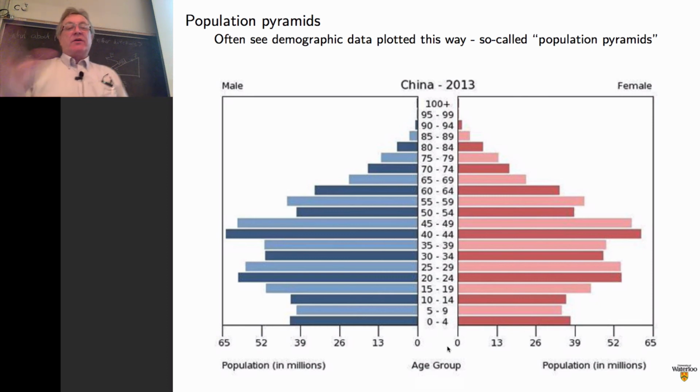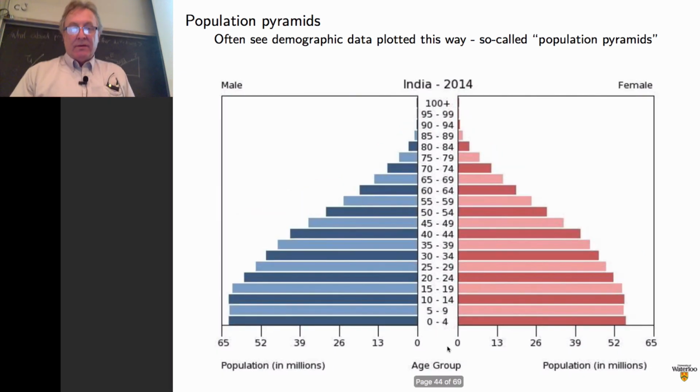So you can see, you expect to see some sort of symmetry in the sexes. India. Again, a little low on the female side, it seems. It's not quite symmetric there, male to female, but it has that shape of a broad base and tapering up. Maybe slightly straightening up here at the bottom.